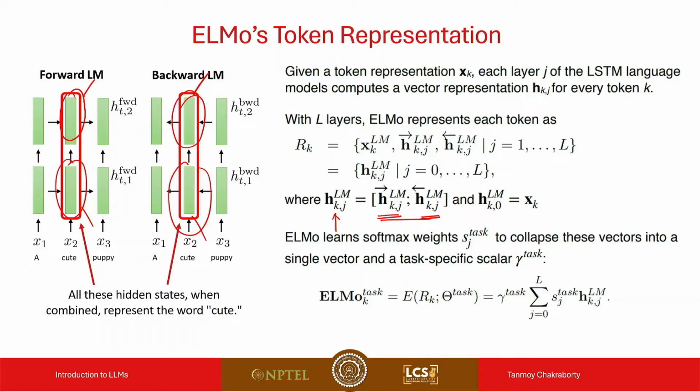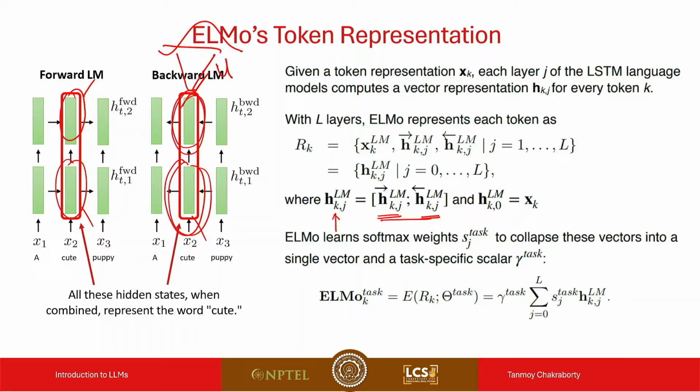Why are the bottom layers not that interesting? After the top layers, we have this U matrix and the softmax. So when you do backprop, this layer will be affected more compared to the bottom layer. So the task specific weight is just above the top layer. I'll only use the top layers, and the corresponding vectors will be fetched and concatenated.